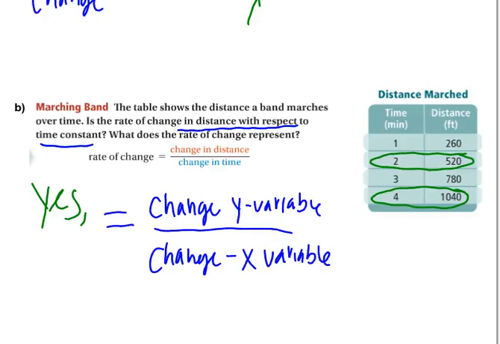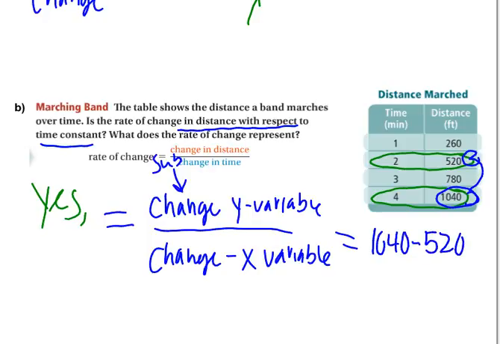So change, guys, just means kind of like the difference, so subtraction. So if I pick here, all right, so my y, I'm going from 1040 to 520. So I'm going to put 1040 minus 520 over, now I look at my x variable, 4 to 2 minutes, so 4 minus 2, that's how far I'm changing.